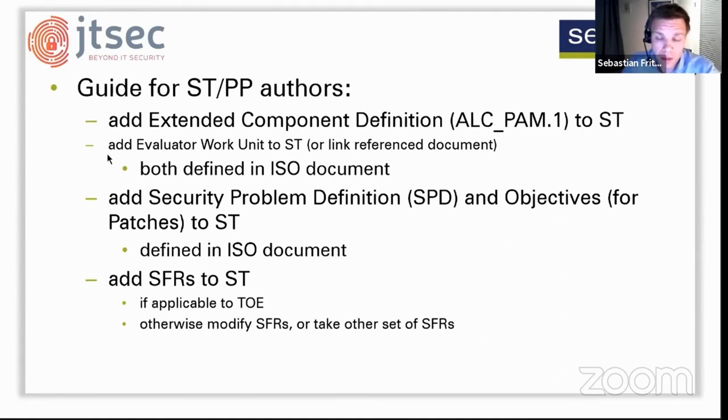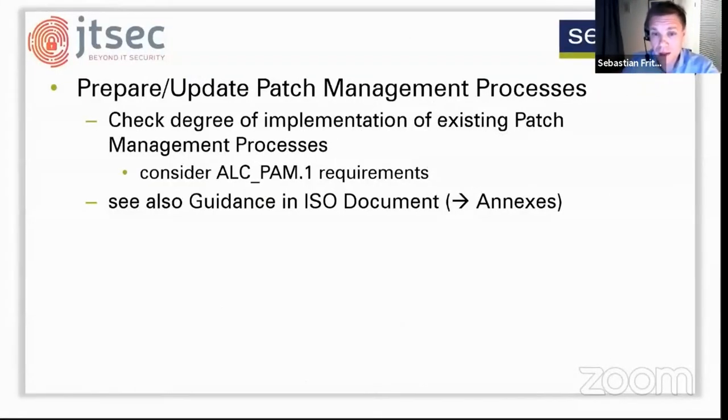Maybe an existing PP already has the patch functionality, so maybe there is a need to adapt it to what we have as the objectives. But yeah, those are the main activities.